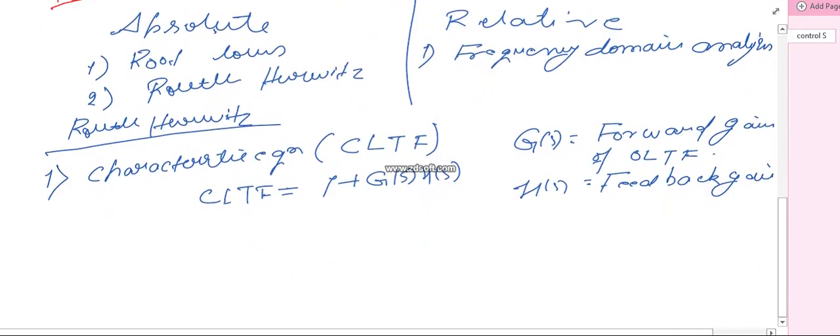So this is pretty clear to you people. Now characteristic equation, let me just directly jump to the methodology.